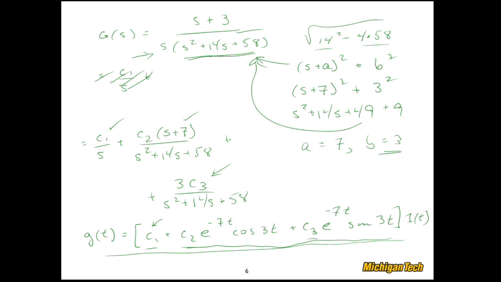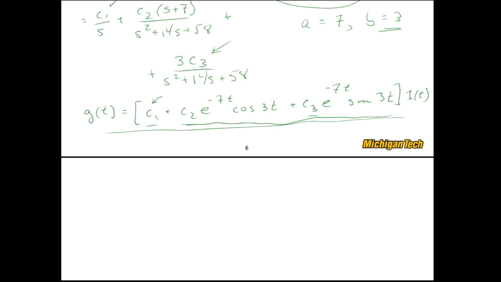Now, we can actually kind of brute force the very last step for this example, and that is finding what C1 and C2 and C3 are. So let me scoot this up just a little bit, just so I can see these. So here's how we'll do that last step. Let's just say we'll kind of brute force it.